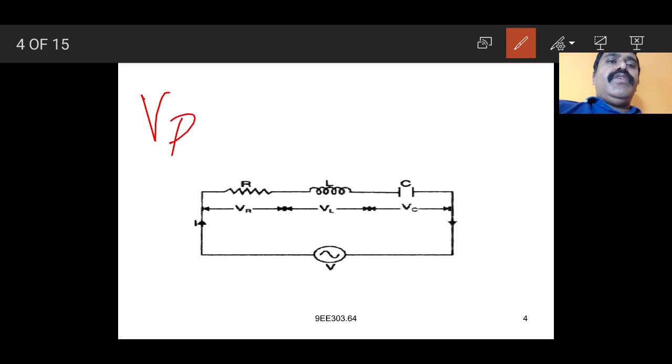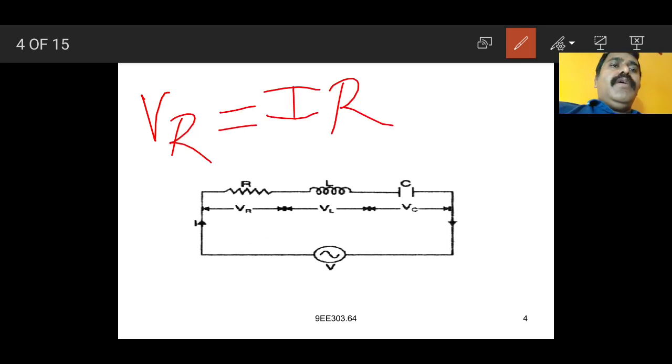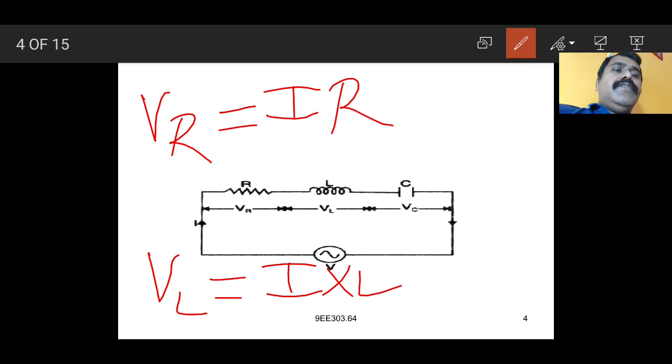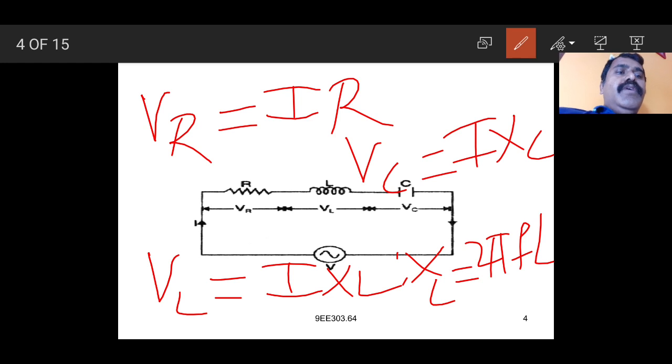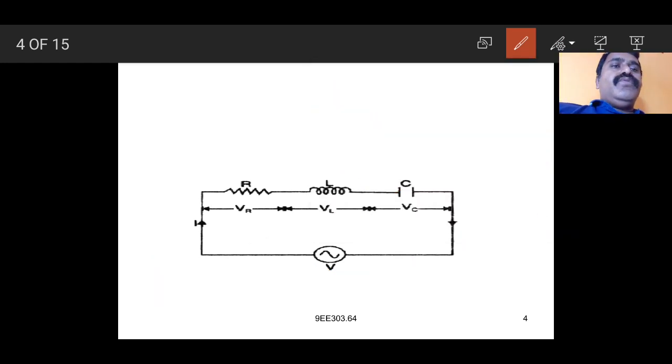VR is the voltage drop across the resistance, I into R. VL is the voltage drop across the inductance, I into XL, where XL is the inductive reactance, equal to 2 pi FL. VC is the voltage drop across the capacitance, I into XC, where XC is equal to 1 by 2 pi FC.